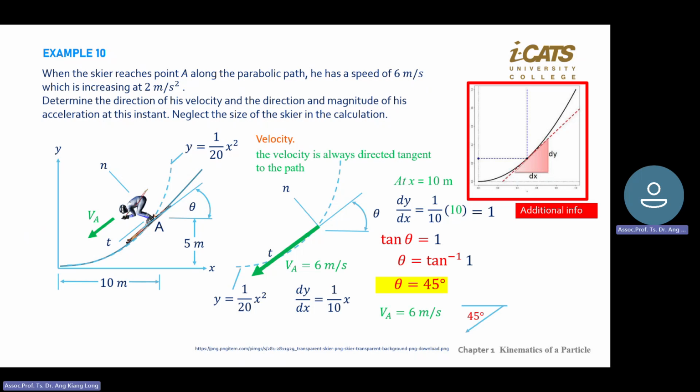So the answer, VA is 6 meters per second, going down. Angle is 45, going down. Who doesn't understand why I draw 45 going like this, although my angle is 45 here? Who doesn't understand why my vector is 45 going down like this? Who cannot get it? Why can I draw 45 going down like this?